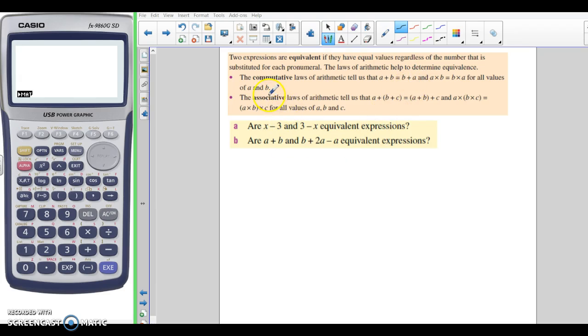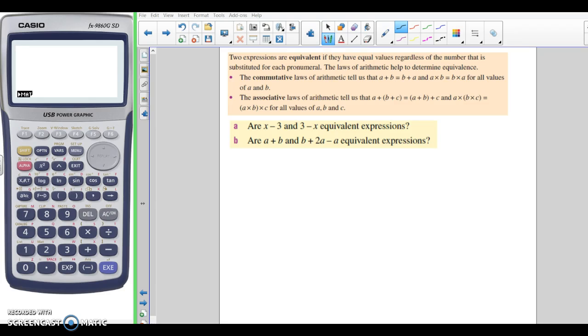Then the other one that we've got is the associative laws of arithmetic, which tells us that A plus, in brackets, B plus C is the same as A plus B, in brackets, plus C. And that A times, in brackets, B times C is the same as A times B together times C. Okay? So they're the sort of things that we're looking at here.